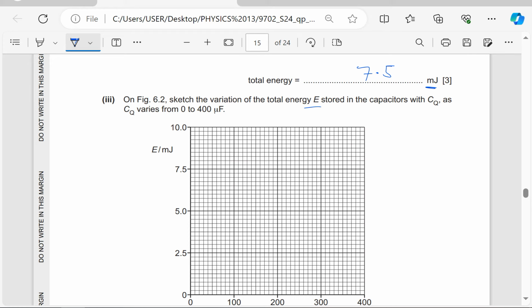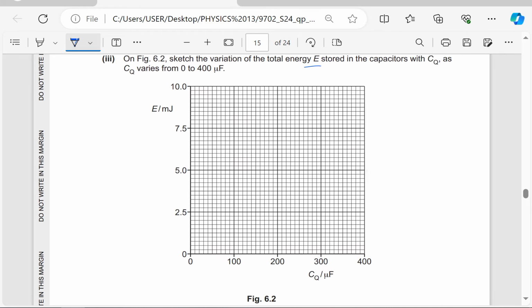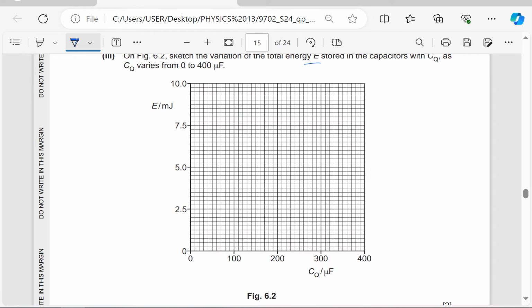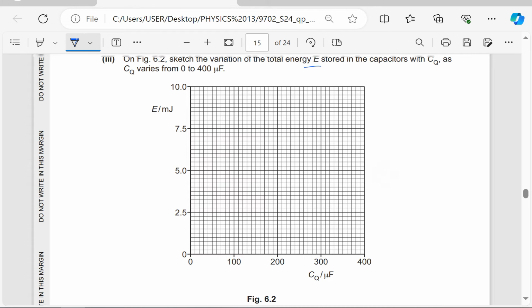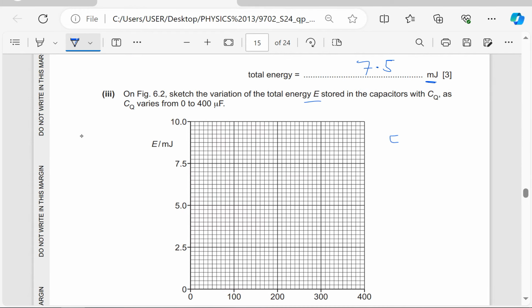On the figure 6.2, sketch the variation of the total energy stored in the capacitor with CQ as CQ varies from 0 to 400 microfarads. Okay, I'll use a simple expression here. Total energy stored is a half CV squared. When CQ equals 0, the energy stored is just due to the first capacitor, and it was 2.5 millijoules.